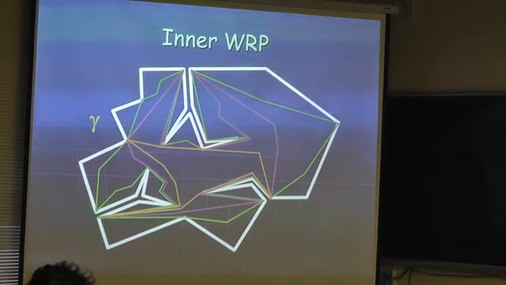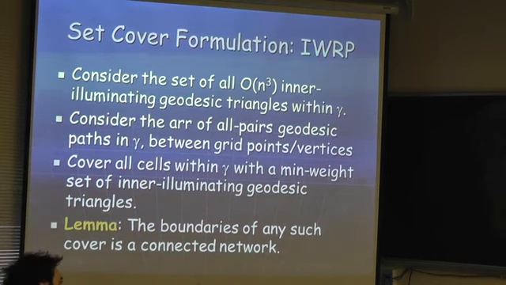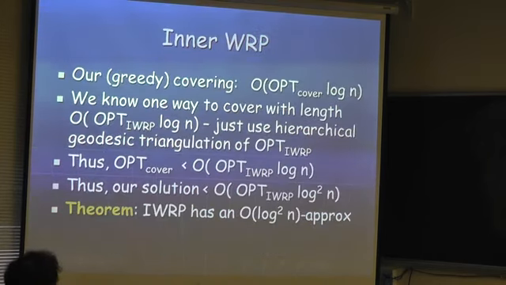Then, if I use my algorithm to find an optimal set cover in this setting, and that algorithm has a log factor approximation, that's what's known. I'll be within a log factor of the optimal. Opt could be converted to a cover by geodesic inner illuminating triangles. I found within a log factor the best such set. The two log factors get multiplied, and I have a log squared approximation.